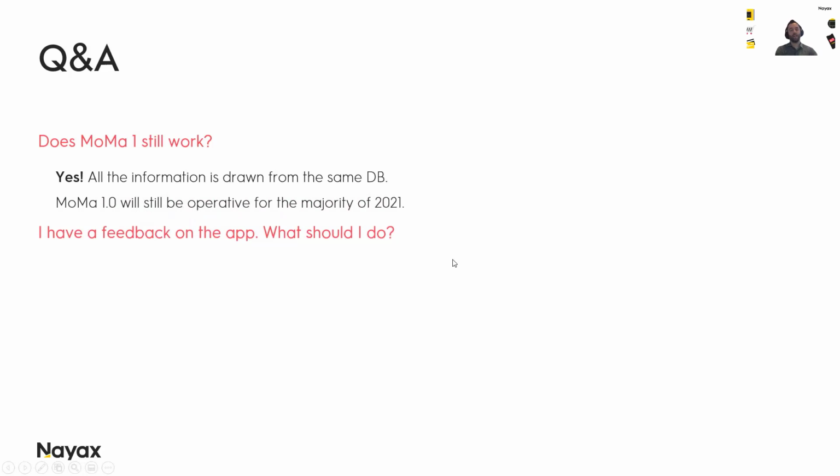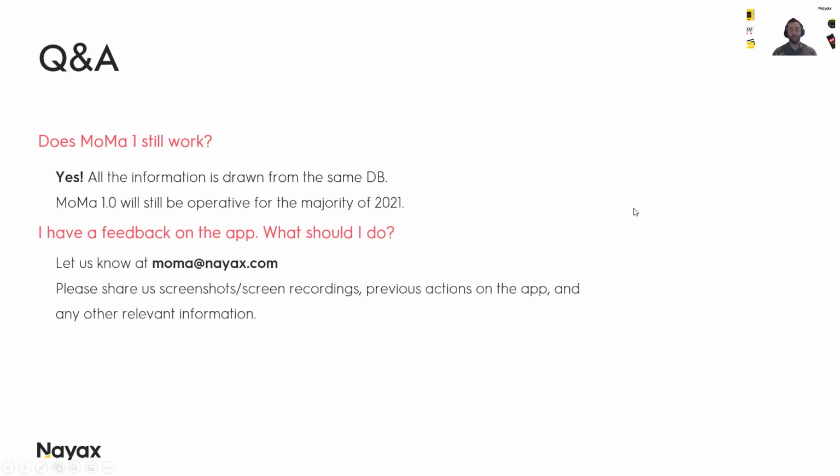Another question that we got from you: I have feedback on the app, what should I do? If you have feedback, that's great. That's exactly why we needed you. You are the users who are using the beta version, and we want to know about everything that's going on in the app. So let us know at moma@nax.com. Omri is responsible for that email, and he looks at everything that you send him.